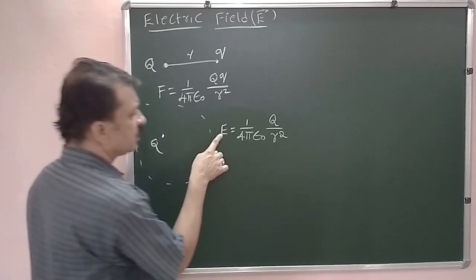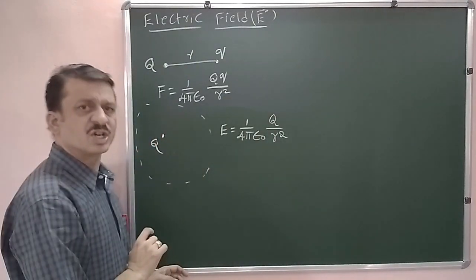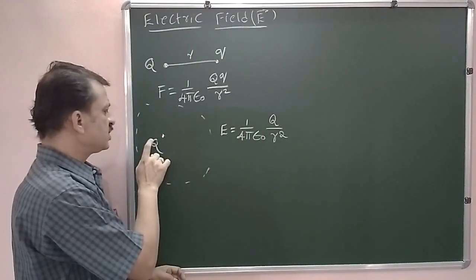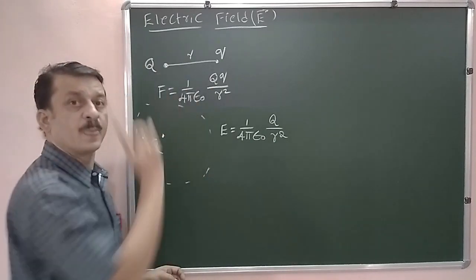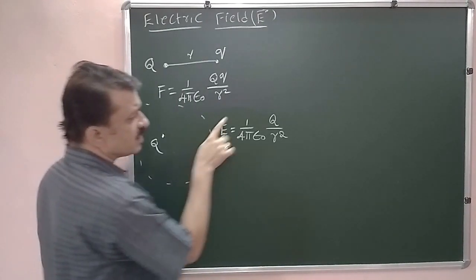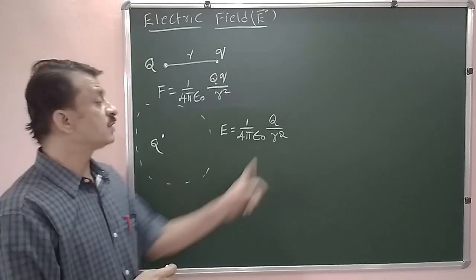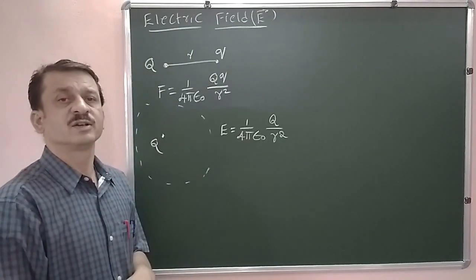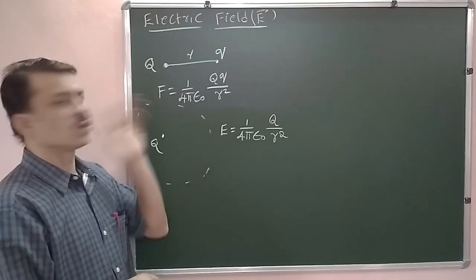Now look here. This electric field is directly proportional to the charge. If the charge increases, the electric field also increases. And one more thing, this electric field is inversely proportional to the square of the distance of the point. This is similar to force.